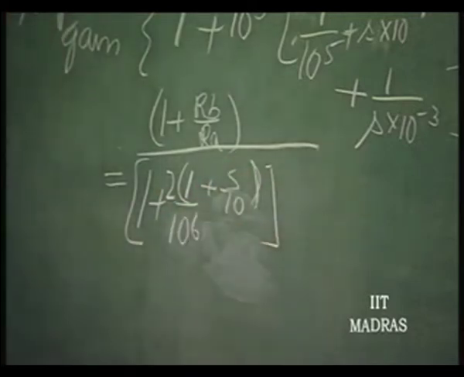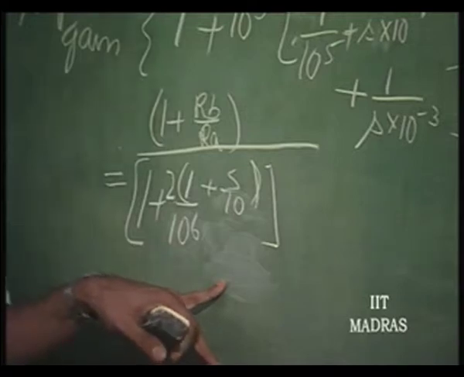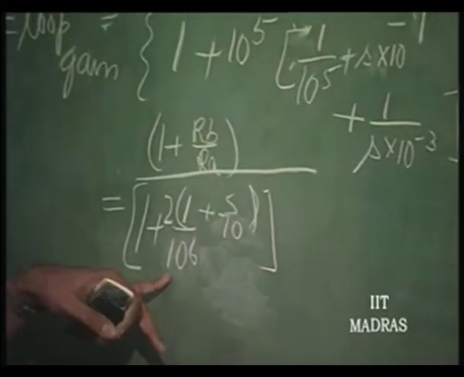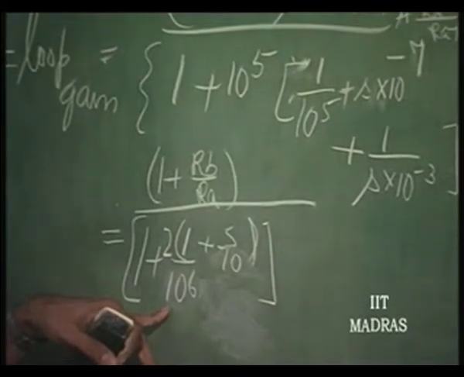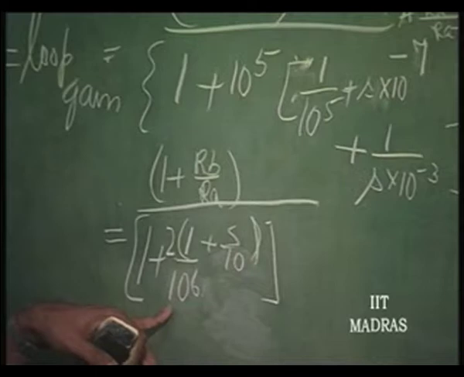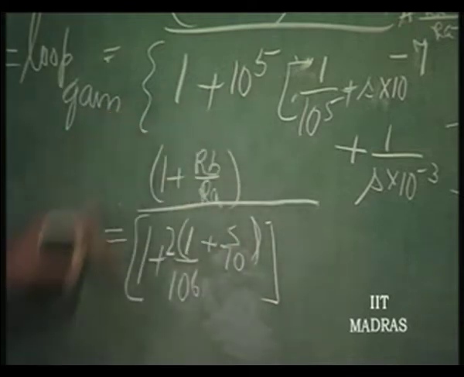This is Ra by Ra plus Rb is half, nominally. It is not exactly now, it will be exactly half only when A is infinity, right. Now, it will be less than half, so that the overall gain is slightly greater than 2. So, to that extent what value of Rb by Ra we should get, we will come to know from this expression.